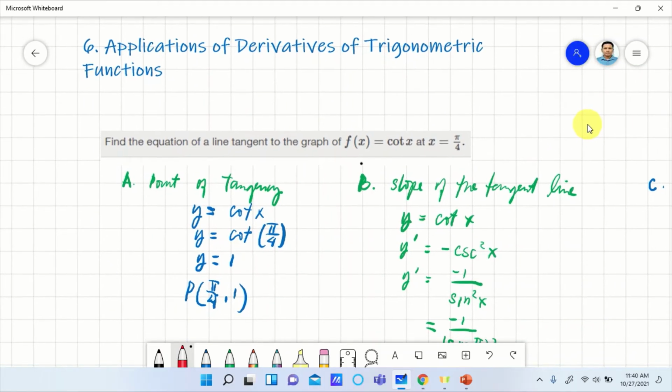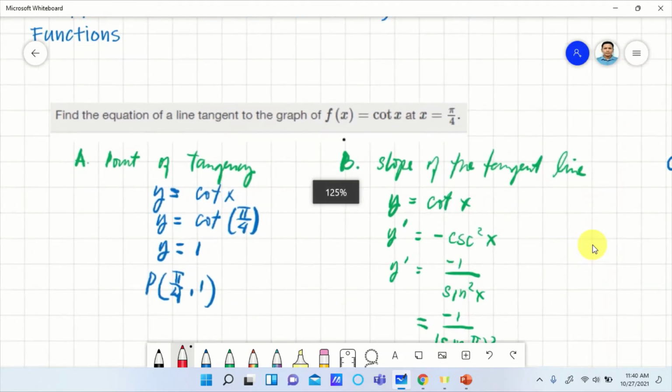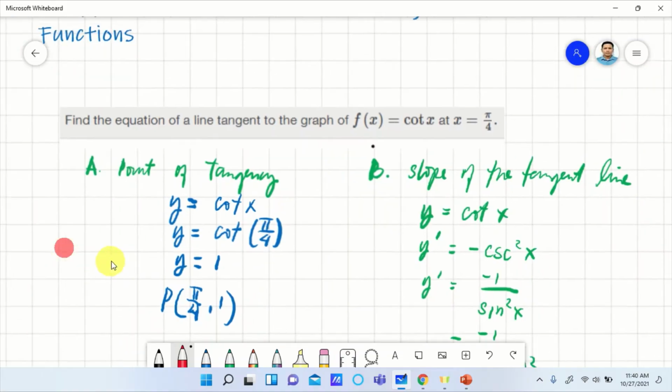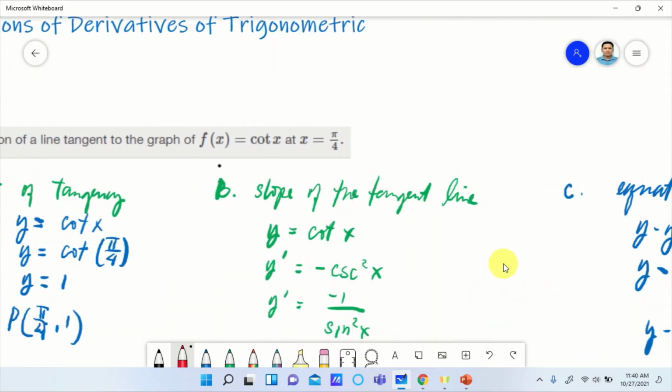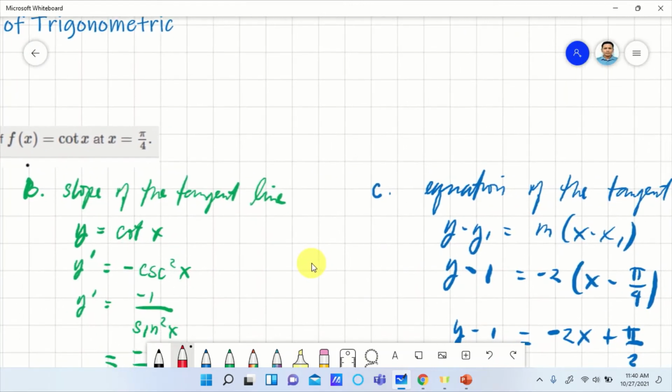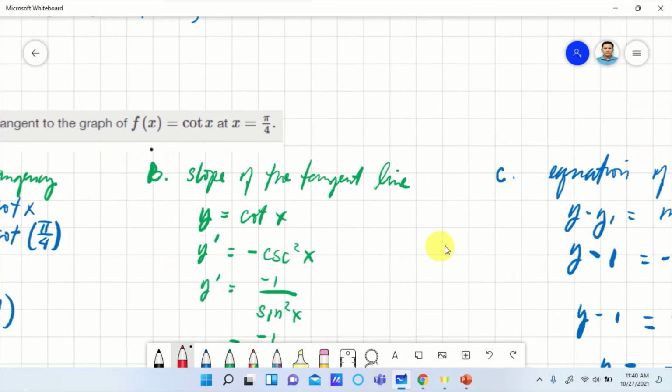The first thing that you need to do is to get the point of tangency. Then you need to solve the slope of the tangent line, and of course you apply the point slope form of a line to solve for the equation of the tangent line.